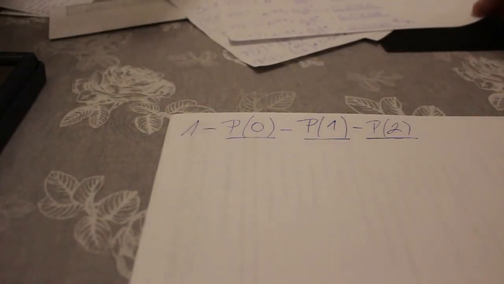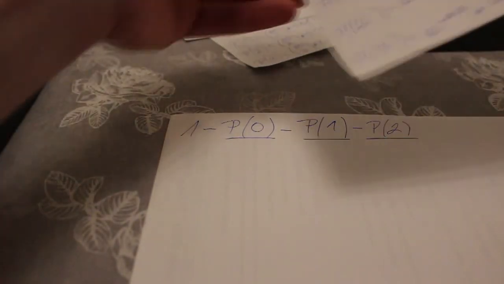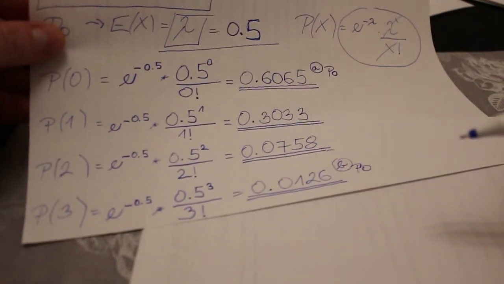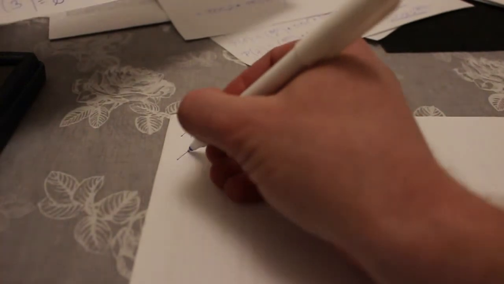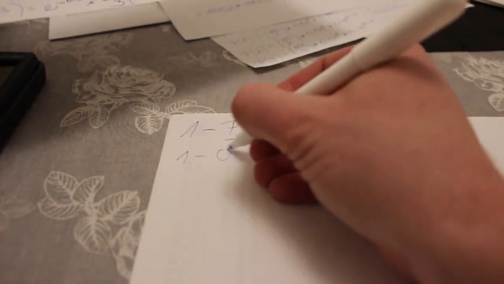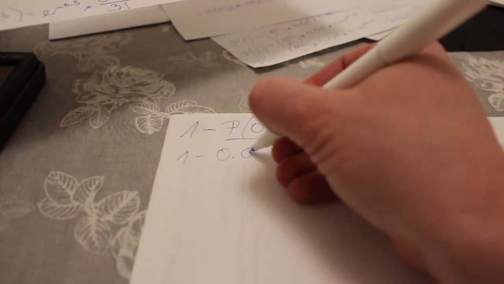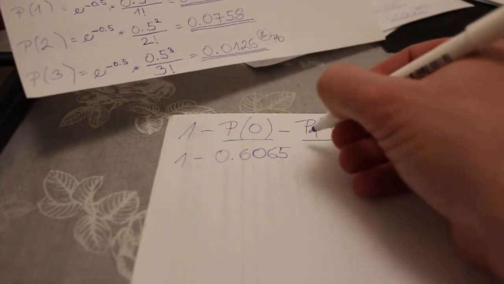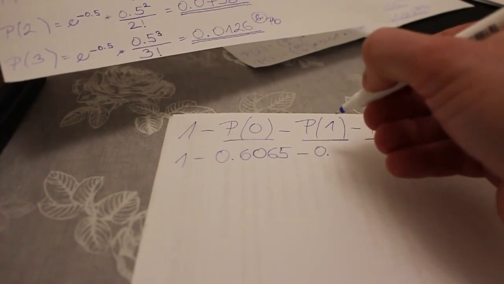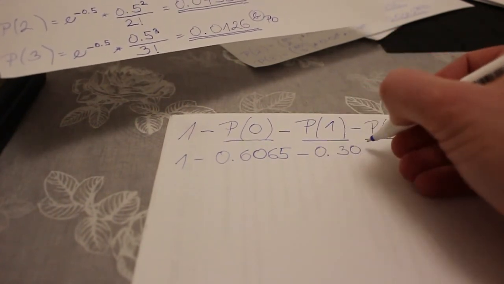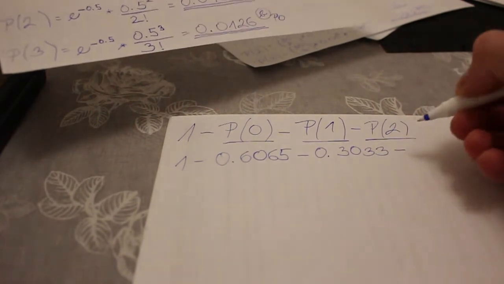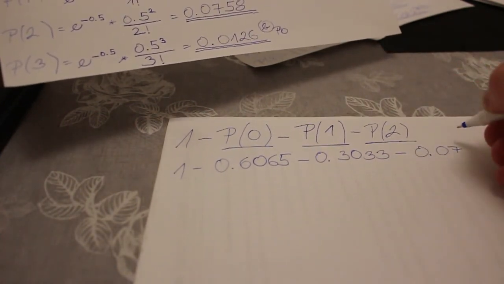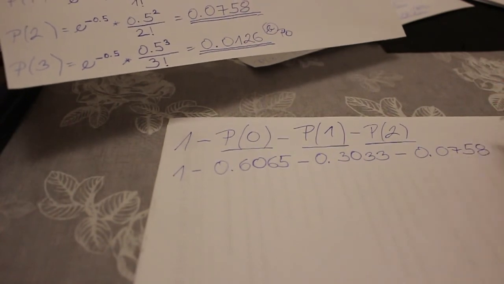Poisson distribution and results I have here. So 1 minus 0.6065 minus 0.3033 minus 0.0758.